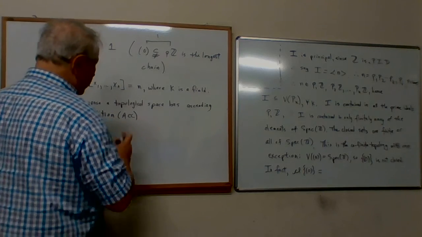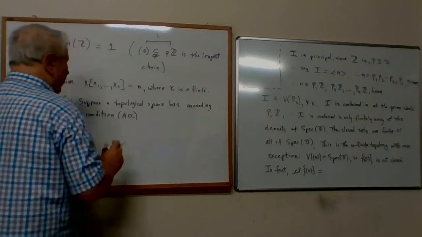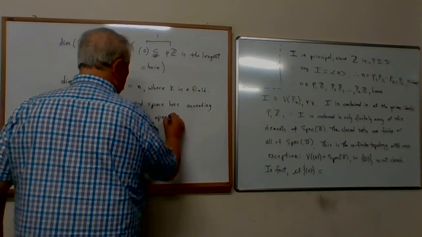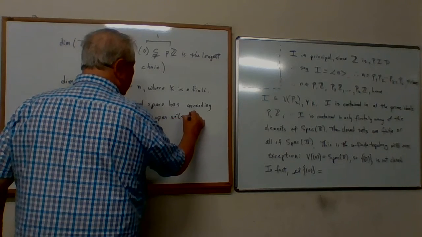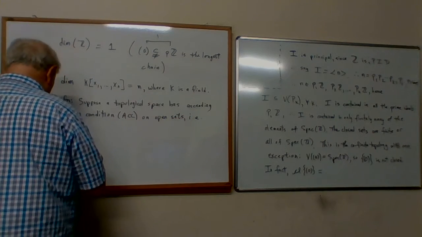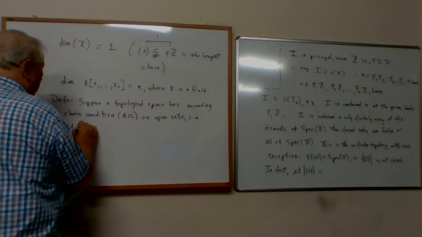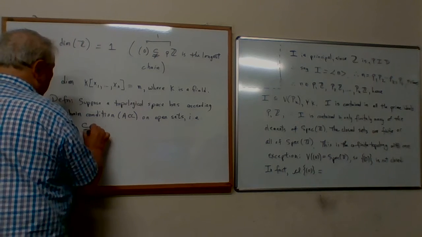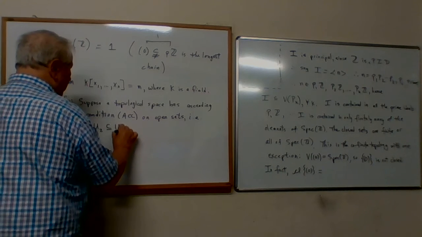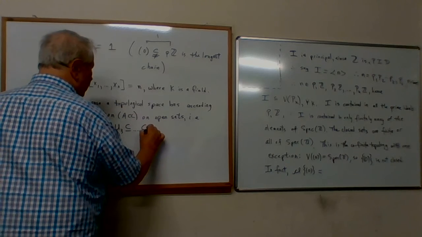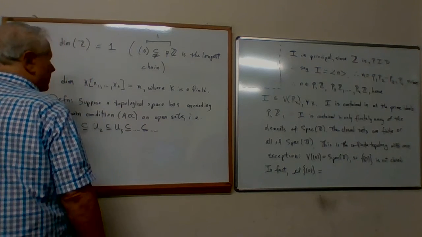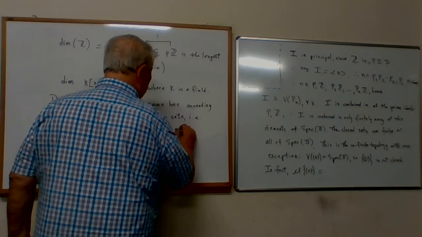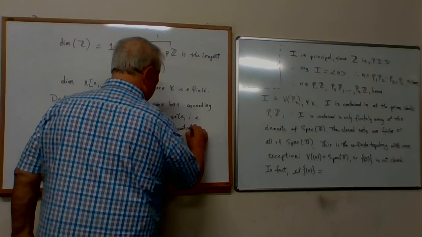If you studied a little ring theory, you may have seen ACC before. It means an ascending chain condition on open sets, i.e., U1 subset U2 subset U3 subset and so on. This chain must eventually become constant, it must eventually stop.